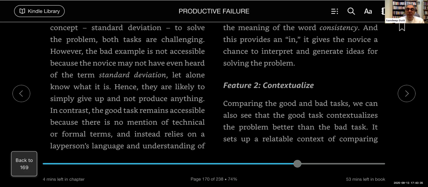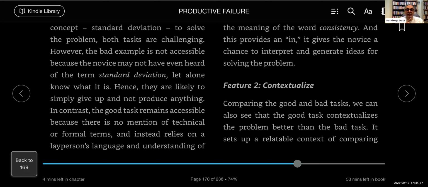So feature two, contextualize. Comparing the good and bad task, we can also see that the good task contextualizes the problem better than the bad task. It sets up a relatable context of comparing two athletes and situates the need for using mathematics to solve the problem. Giving a proper context or a situation often helps learners make better sense.